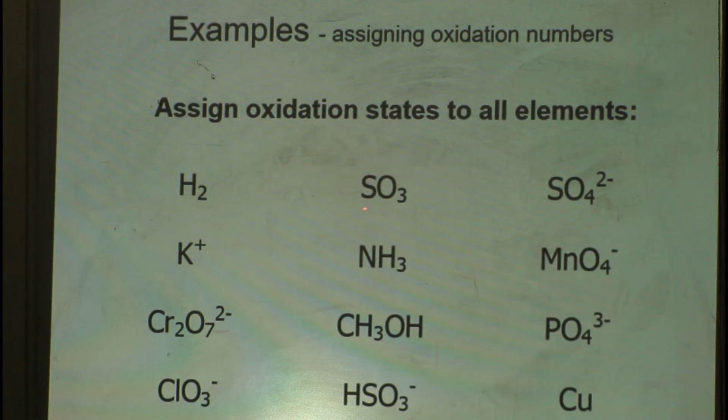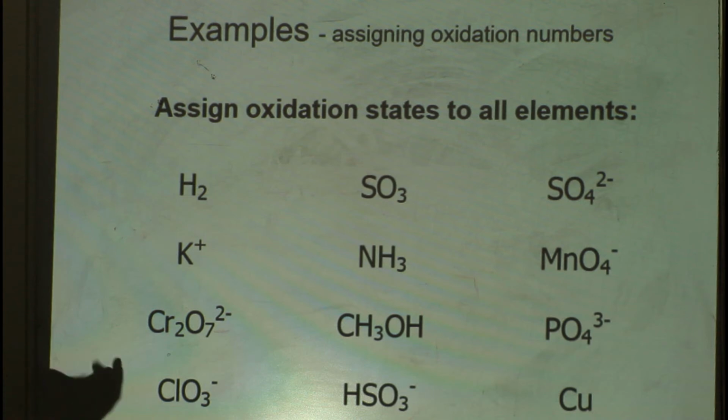But to determine that of the S, we have to multiply this 3 by the -2 that we know. And when we add the state of S to the total, we should get 0, because there's no charge here. In this case, sulfur will be 6.